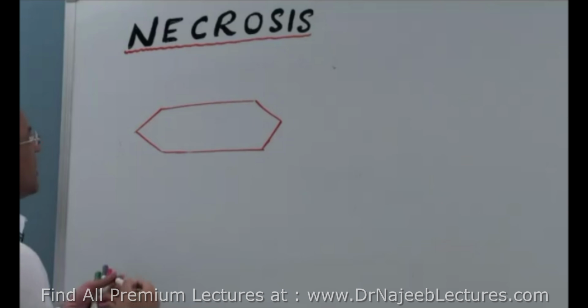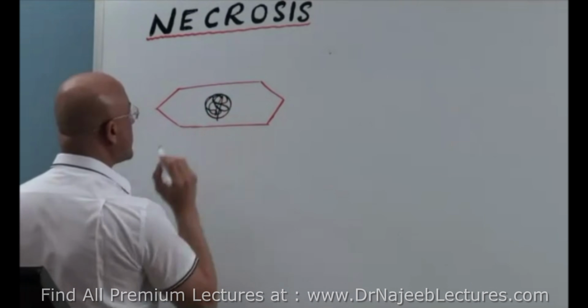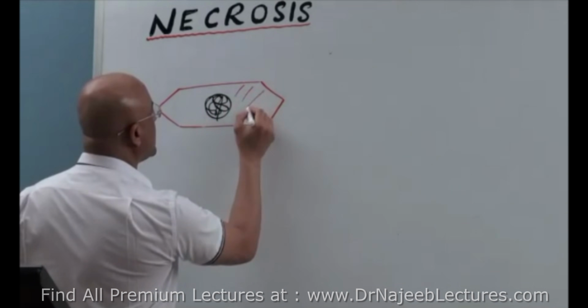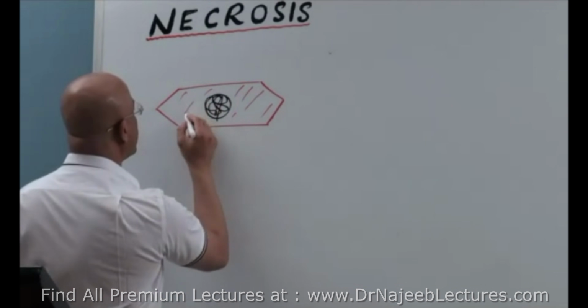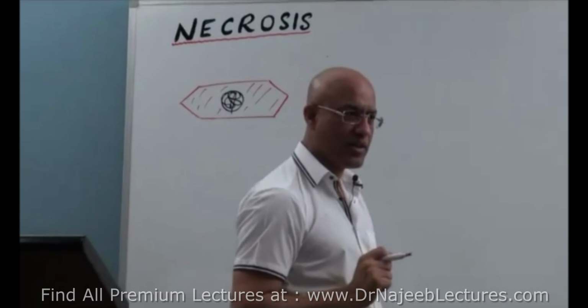This is a normal cell. Let's suppose it has a nucleus. And you know, normally the cytoplasm takes which color? Eosinophilic, right?